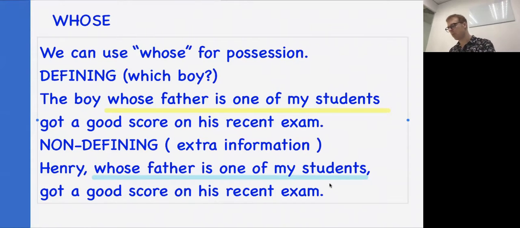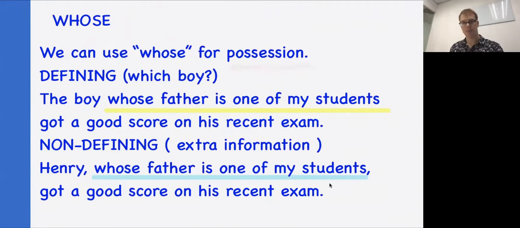And same as before, even if I use a whose to show possession, right? If I say this word possession, some of you have seen that before, right? If I say the boy whose father, I'm saying the boy, his father, right? You might know some of these other words like his, her, my. Those are also for possession.